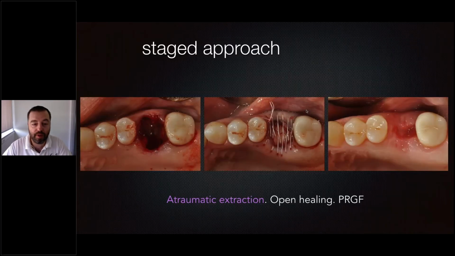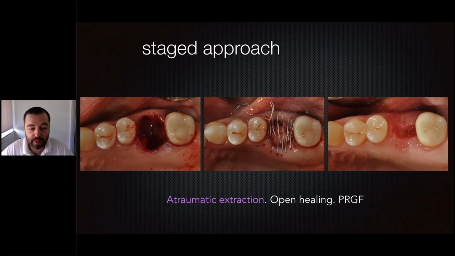Again, a minimally invasive approach, so an atraumatic extraction. We are using as a golden standard for our open healing BIOS and BioGuide. And as an alternative, when we have intact walls, we are using PRGF with a quick outcome.